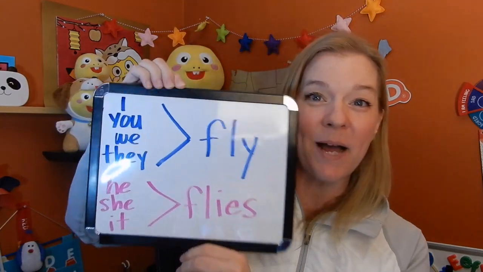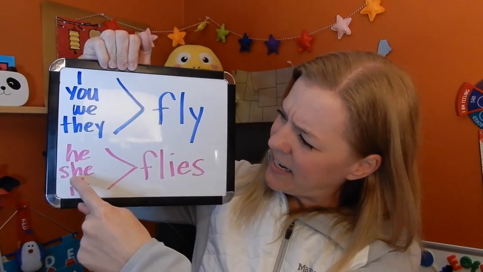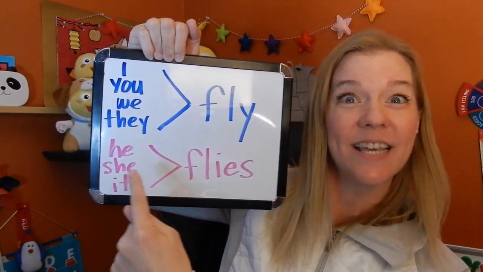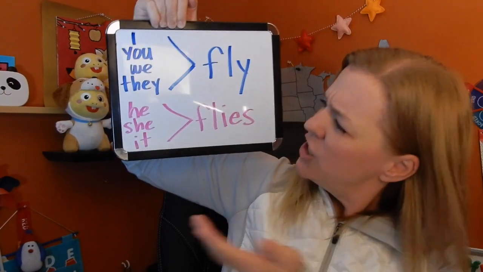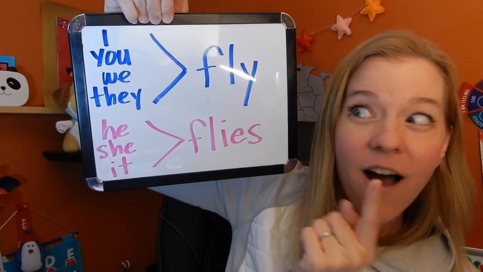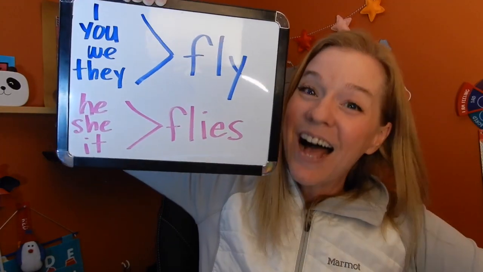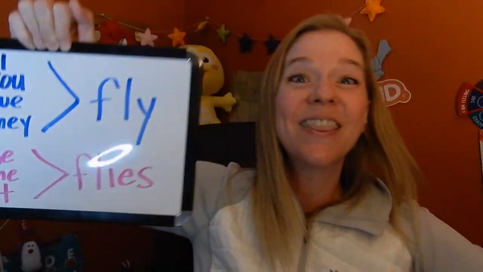She, and I will bring out a whiteboard just because I'm looking to get more points about having different props in my mock class. She, point to she without erasing it. She fly a kite. She flies a kite. Yes, great job.